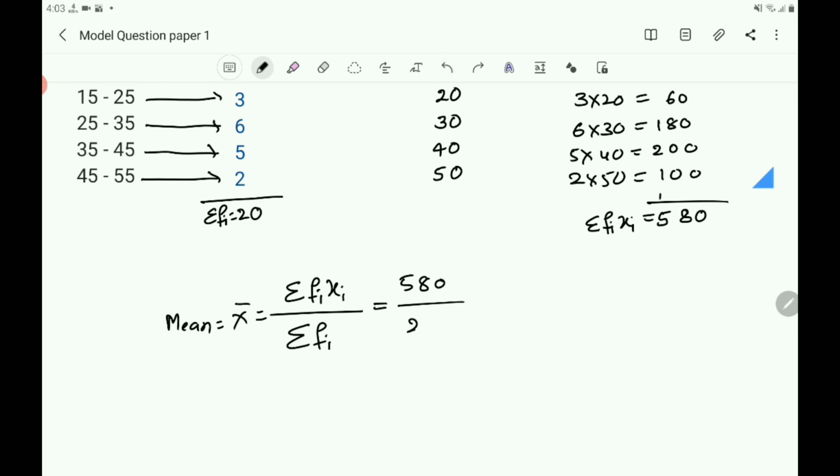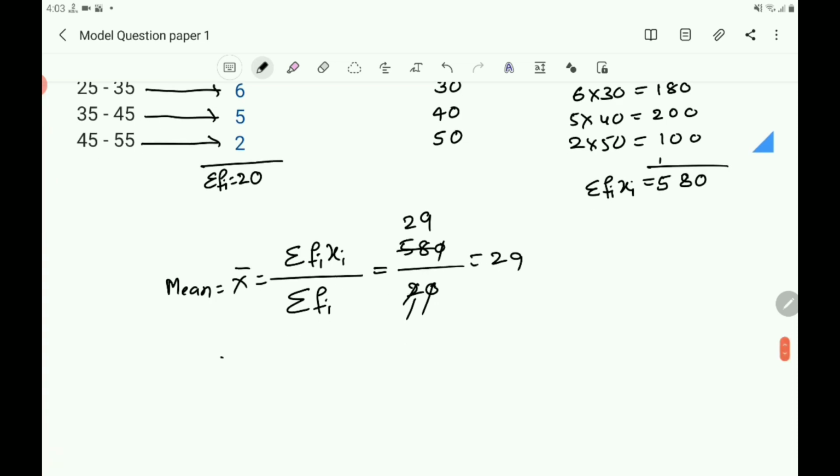You can cancel 0 and 0, and 58 divided by 2 is 29. So you got x bar equals 29.